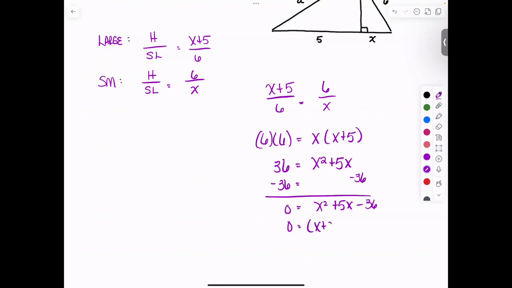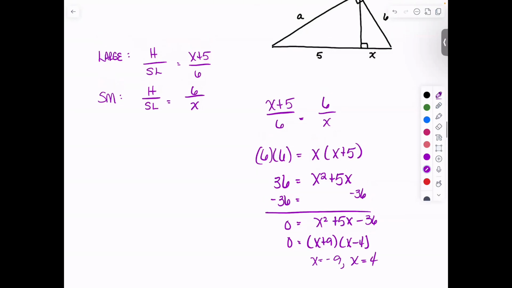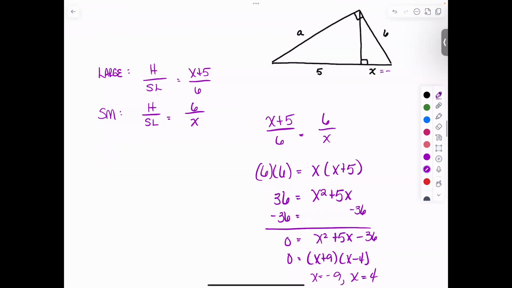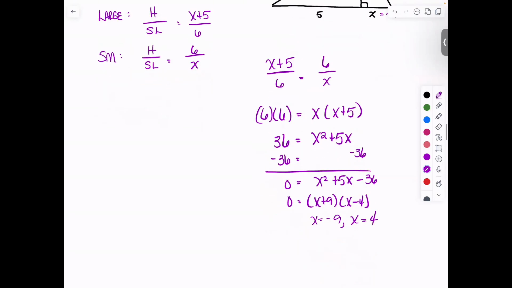So x plus 9, x minus 4, and then watch your extraneous solutions. Negative 9, x equals 4. So I have two options here. Negative 9 clearly isn't going to work. In the geometry number world, we cannot give that value a negative 9, so I have to exclude it as extraneous.